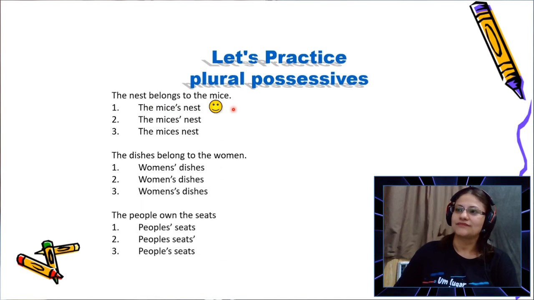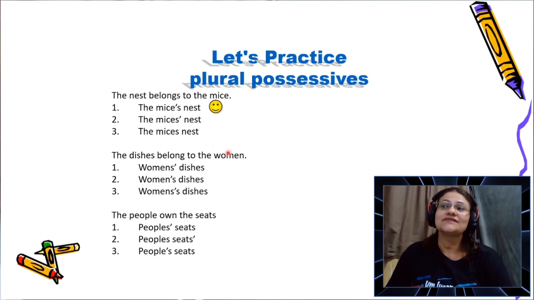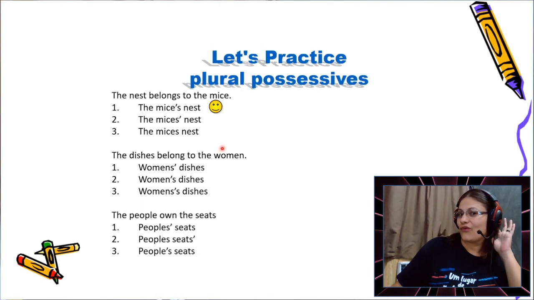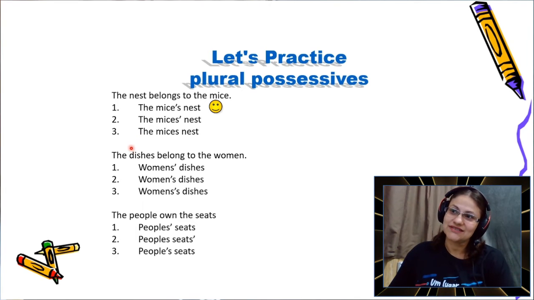Yes, number 1. Here, the dishes belong to the woman. Here I have these dishes, which is a plural noun, but woman is a singular noun, okay? So the woman possesses the dishes.